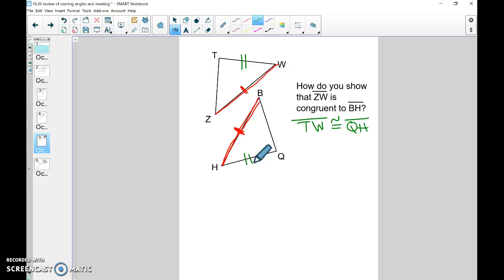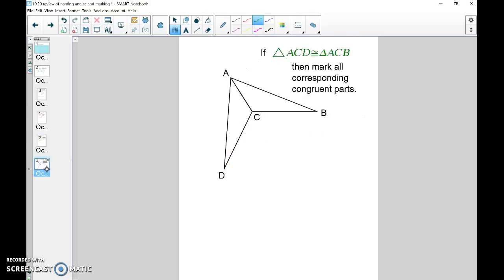So we're going to see that in the final example, which we have here. So this one we have to name every single piece, which means all the angles have to get marked and all the sides. So I like to start off down here by marking out what goes with what. So A in the first group matches with A in the second group, so A should be A. C is the second letter, and C is the second letter, so they equal each other. And then D and B are the last letters.